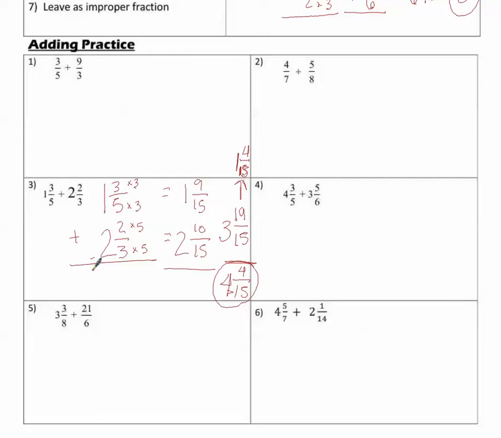Let's try one more. Let's look at number 4. You want to stack your fractions. 4 3/5 plus 3 5/6. 4 plus 3 is 7.